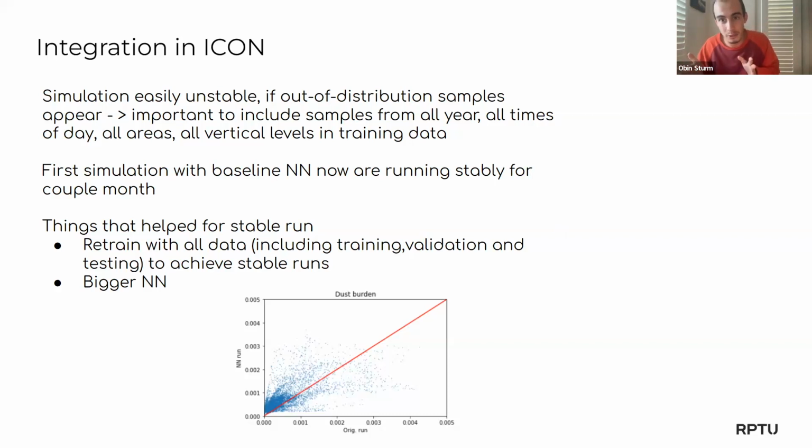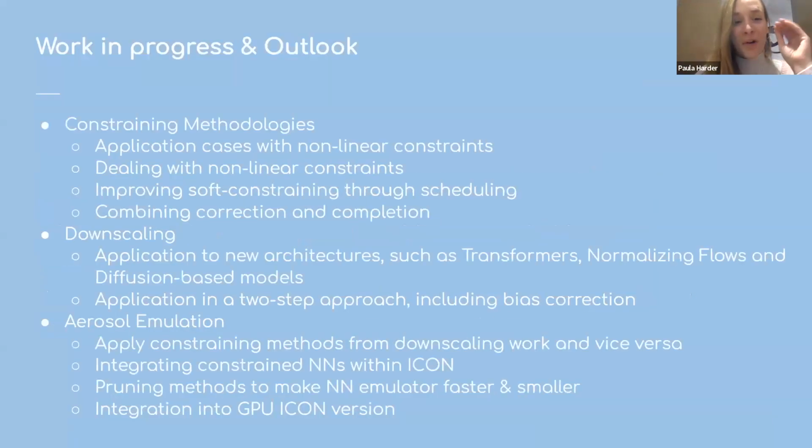I'm not familiar with your microphysics scheme, but you had a diagram of that. Yeah, so I tried it out. The problem with the softmax constraint, going a bit into technical details, is that it performs best when the data is scaled between 0 and 1. Even though my aerosol emulator performs much better on a standard scale, so subtracting the mean and dividing by the standard deviation of the distribution.